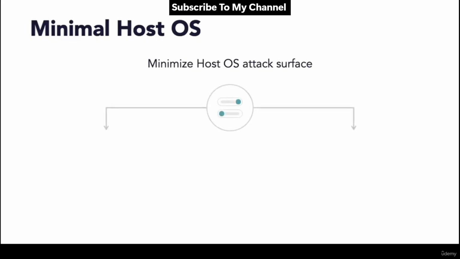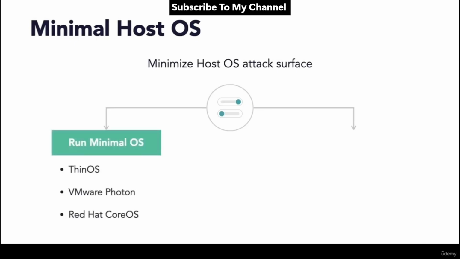Here you have two options to choose from. First, run a minimal OS that has been custom built for running containers. For example, VMware Photon or Red Hat CoreOS. These so-called thin OSs have been stripped of many components and services not typically required to run containers.